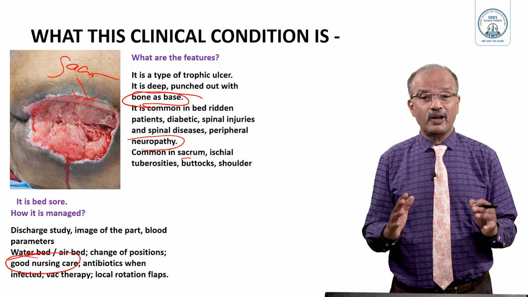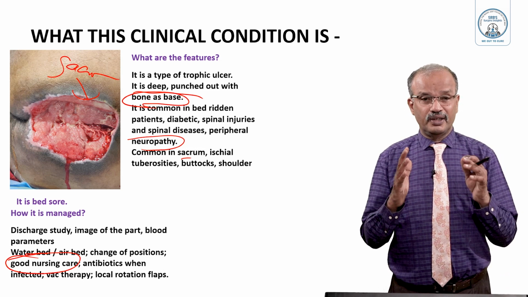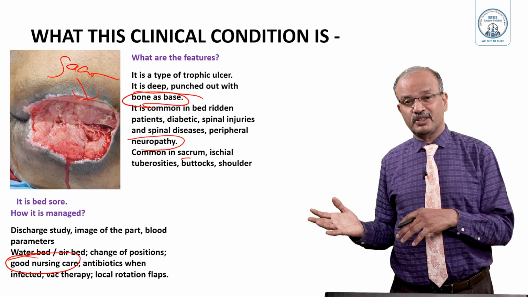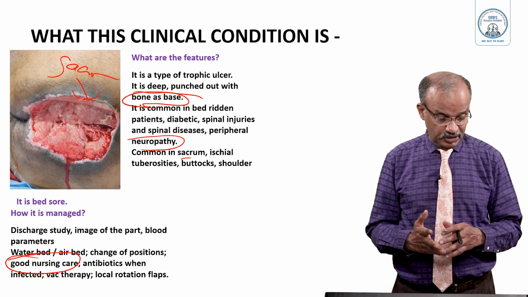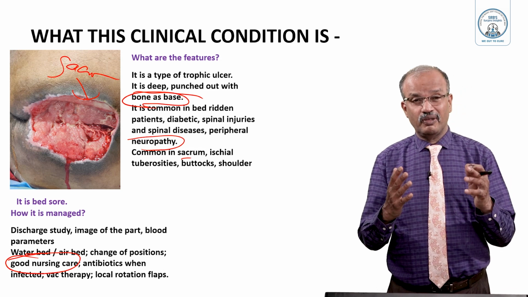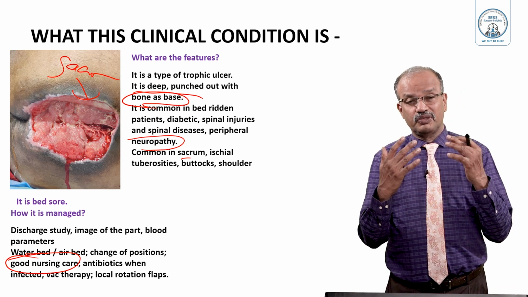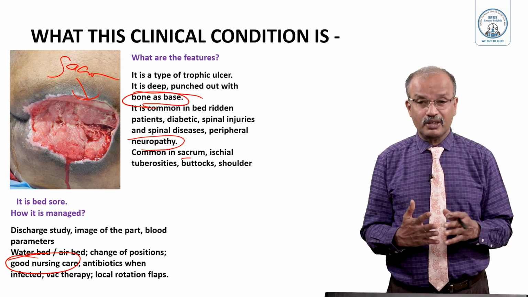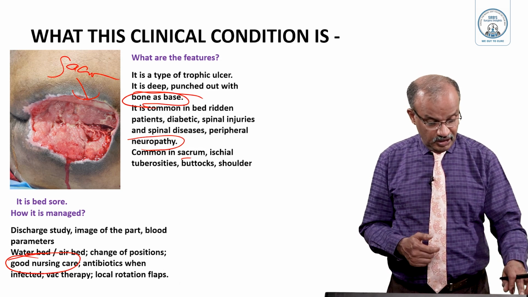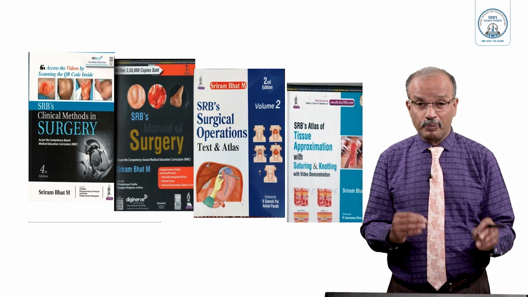Good nursing care is most crucial in this patient. Of course, eventually plastic surgeons will come into the picture to do rotation flap and all those things. You may also have to take an X-ray to see whether the sacrum is close to the involved area. Imaging is also equally important. So, that is about the bed sore basically.